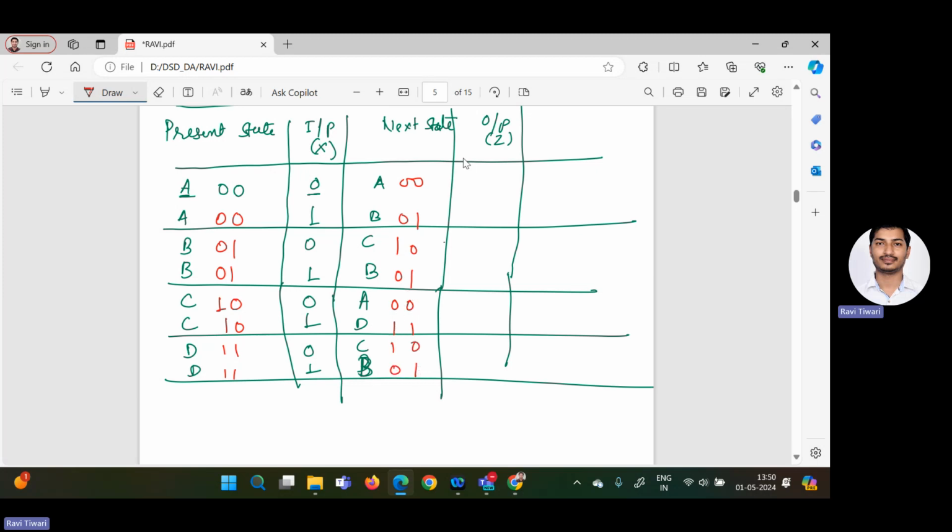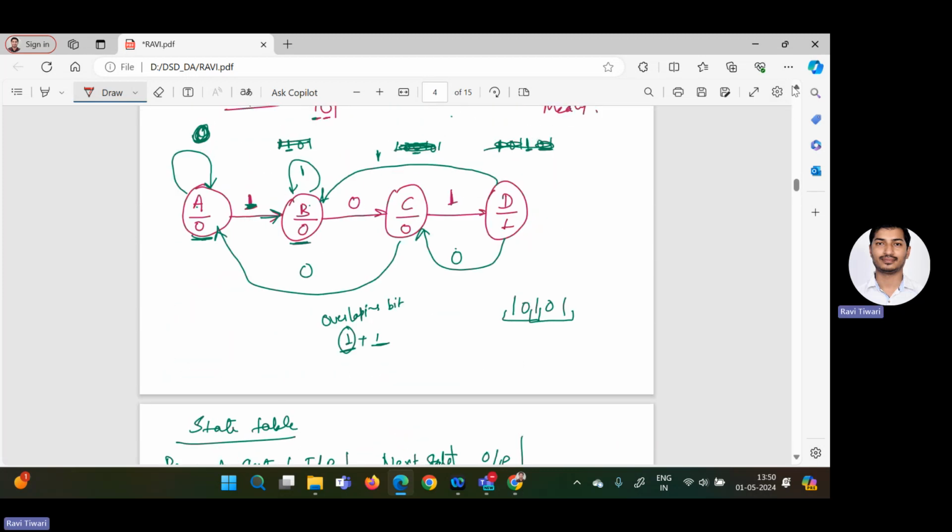Now we have to write down the output. As you can see in the state diagram, output is represented here only. At every state, output is 0, except in the D state. That means the output becomes 1 whenever you move from D state to any other state.